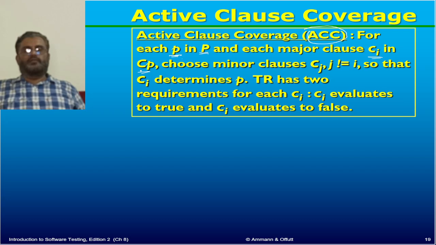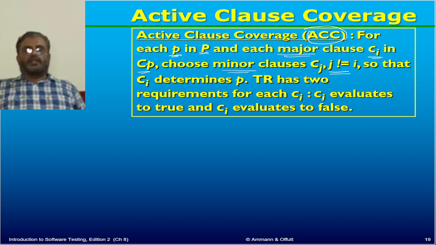So if we set Ci to be the major class, then the remaining classes in C subscript P will be called the minor classes. And this condition that j is not equal to i means that the major class and the minor class cannot be the same.